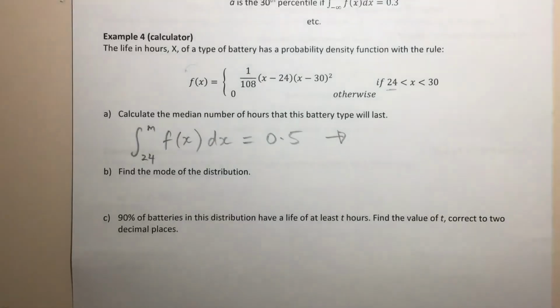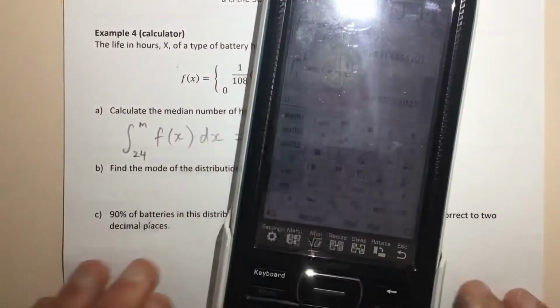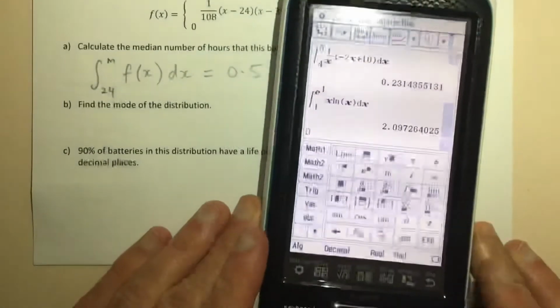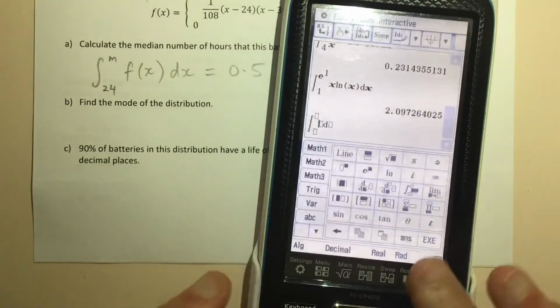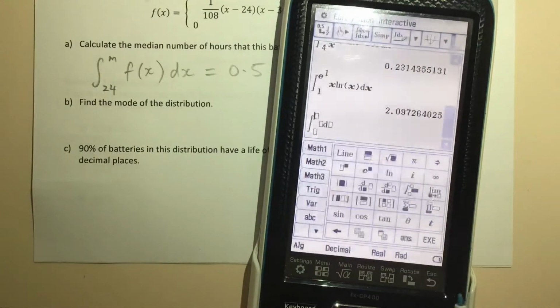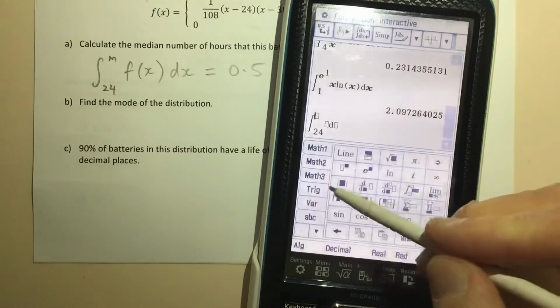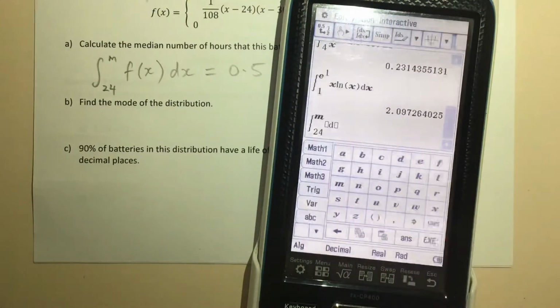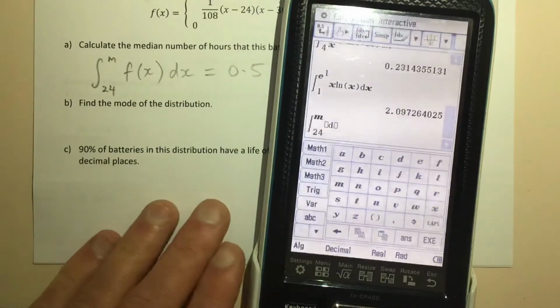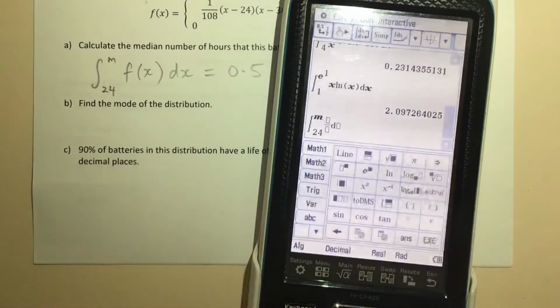All right, so now let's get the CAS to do a bit of legwork for us. So we set up our integral. We're going to use m as our upper terminal. That's going to be our median. And then we're just going to put the function in. So what's it? Oops, 108.